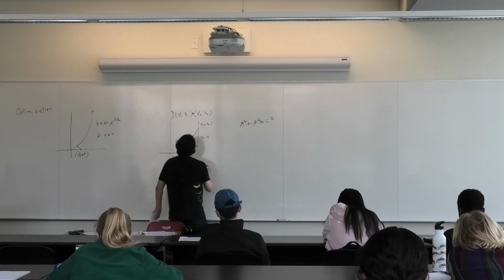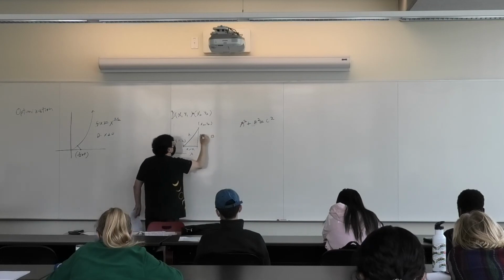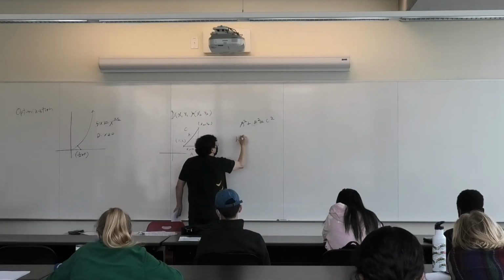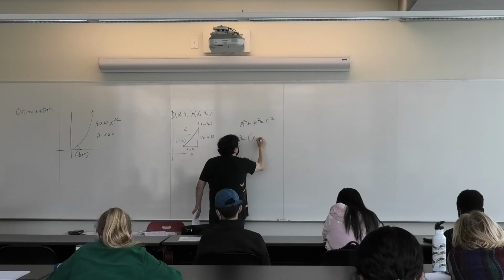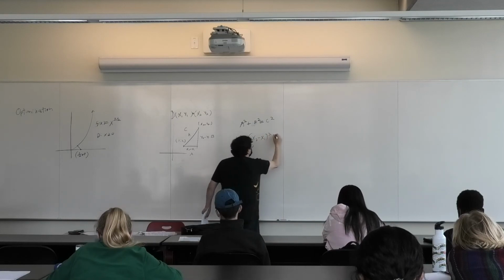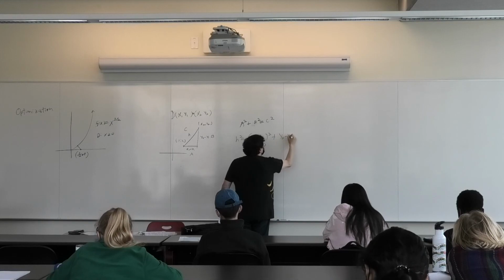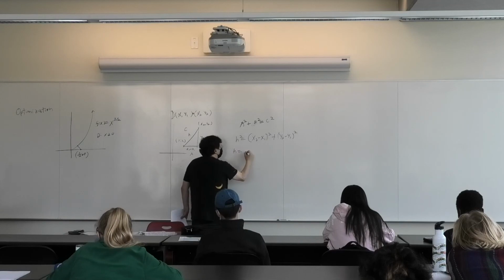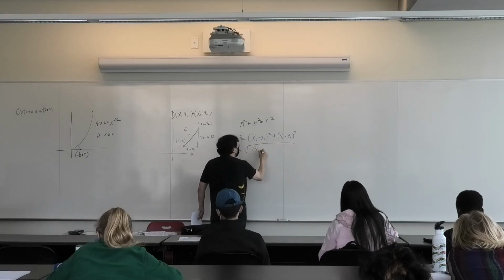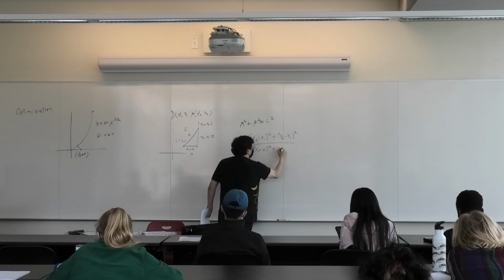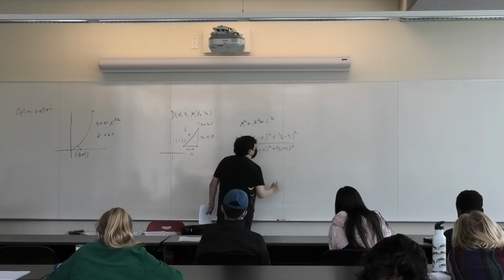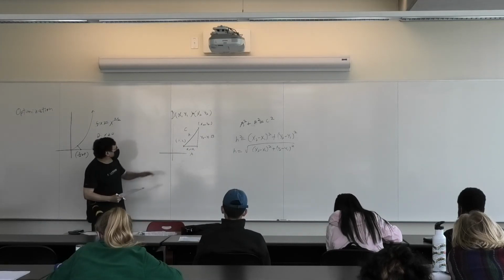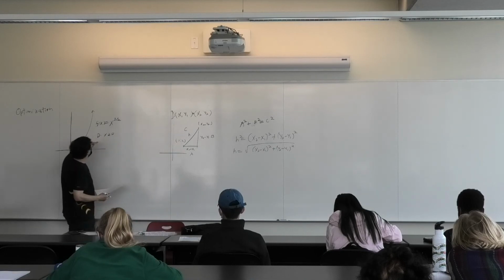A and B are the legs and C is the hypotenuse. So that means h squared equals x2 minus x1 squared plus y2 minus y1 squared, or h equals the square root of x2 minus x1 squared plus y2 minus y1 squared. This is sometimes called the distance formula, and it's what we need for this problem here.